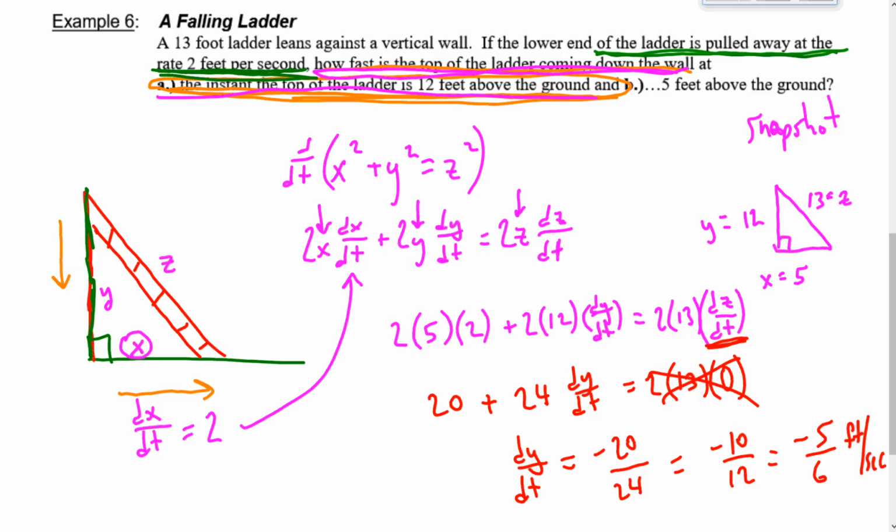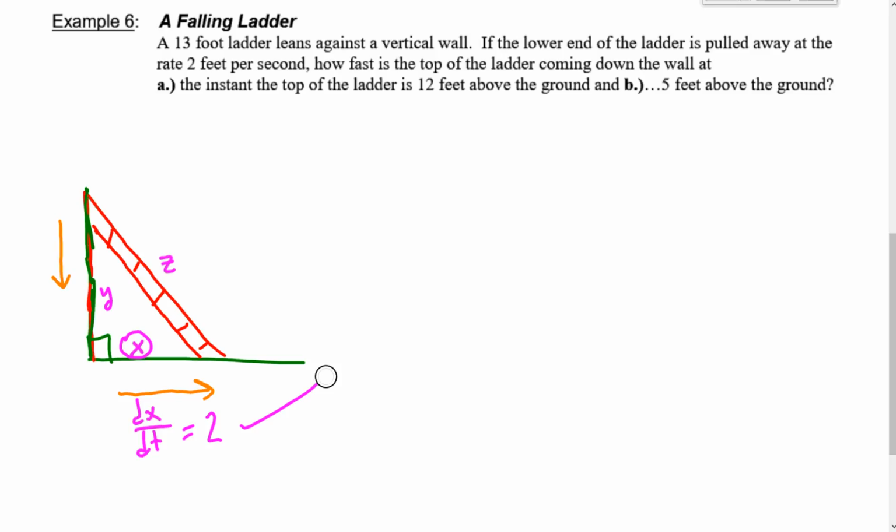Now I want to go back and point something out that I could have started with that might have simplified our work slightly. Our original equation is x squared plus y squared equals z squared. We were told originally that the ladder is 13 feet long and leans against a vertical wall.